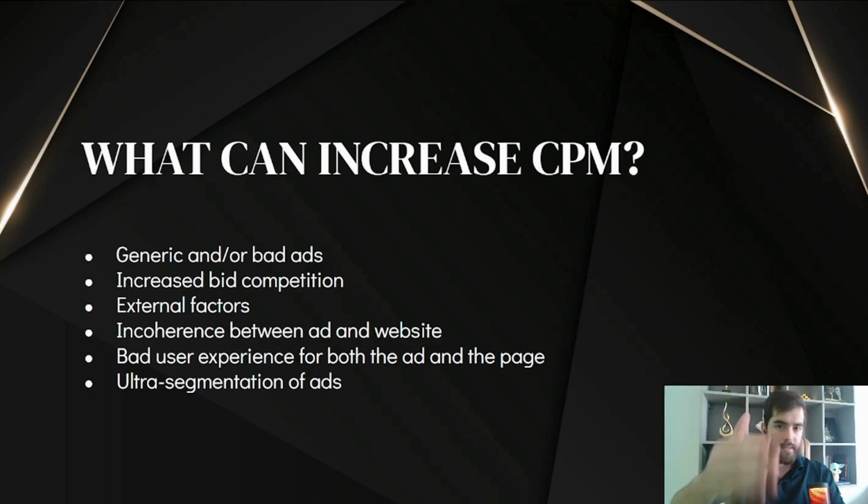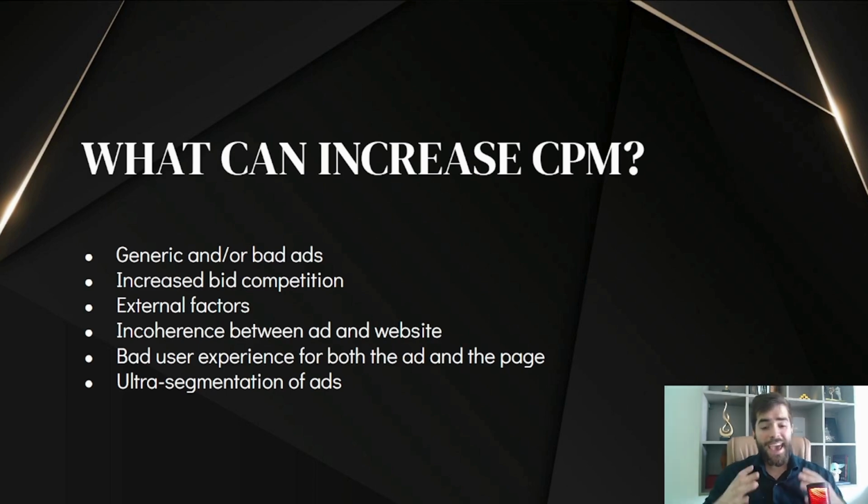Then you will see the CPM. Got it? External factors could be economic stuff. The dollar is going to be higher, the dollar is going to be low, or you're going to have laws that make it more difficult to advertise, or more accessible to advertise. These types of situations can increase the CPM.